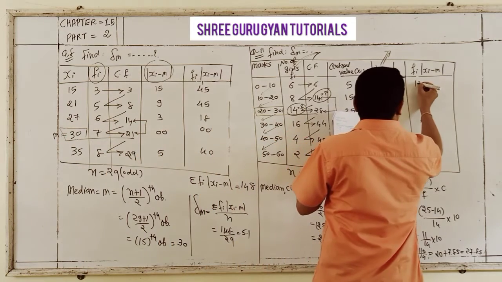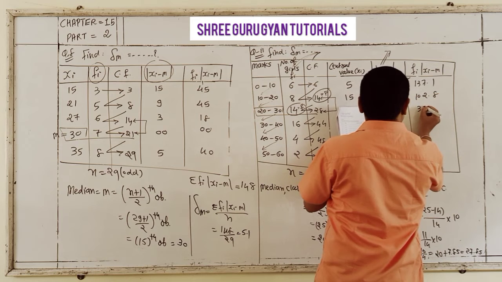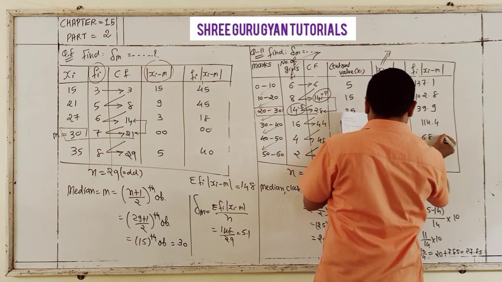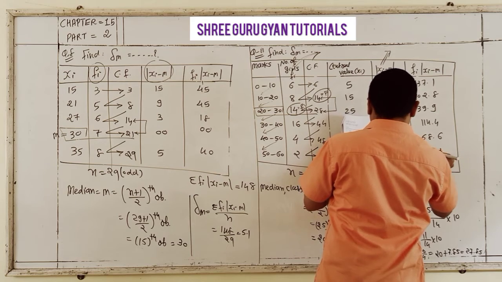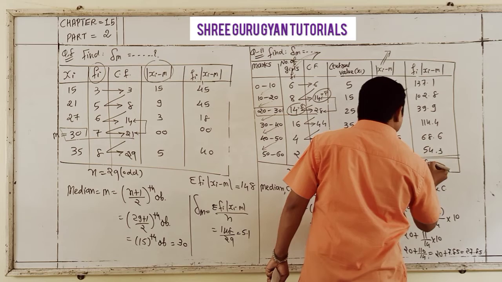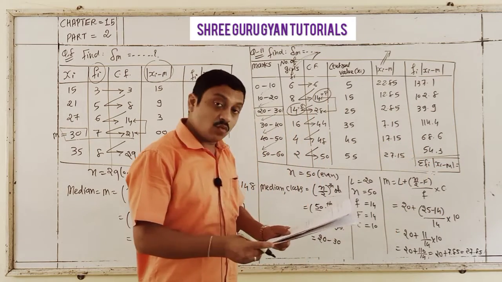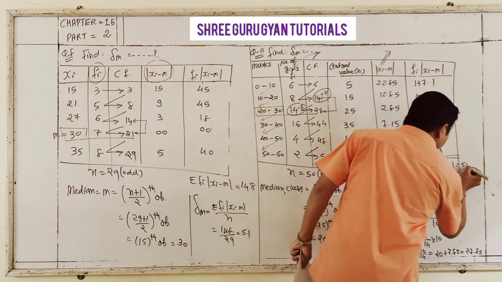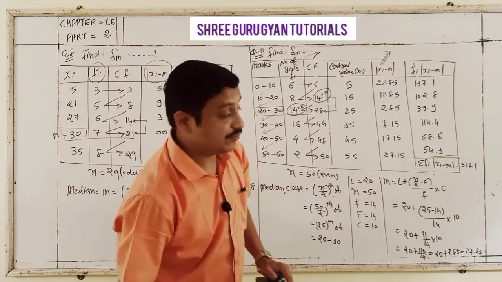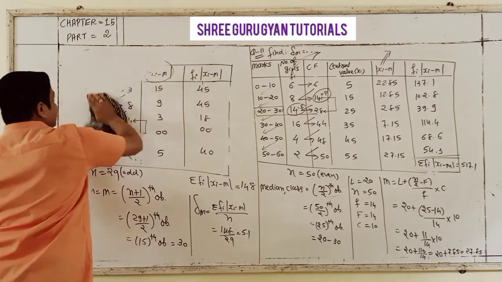I write down directly here 137.1, 102.8, 39.9, 114.4, 68.6, and 54.3. And this total addition, summation of fi xi minus m, is 517.1. Now the answer declared, go to the final answer now.